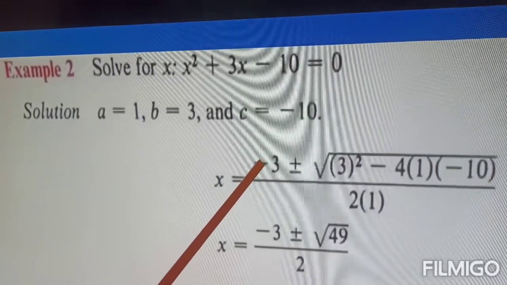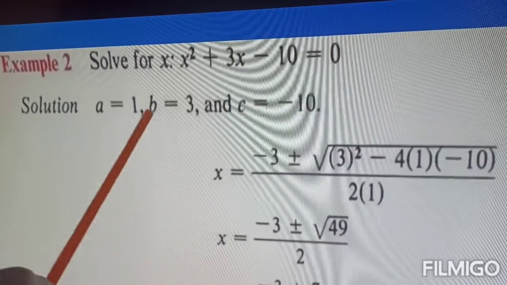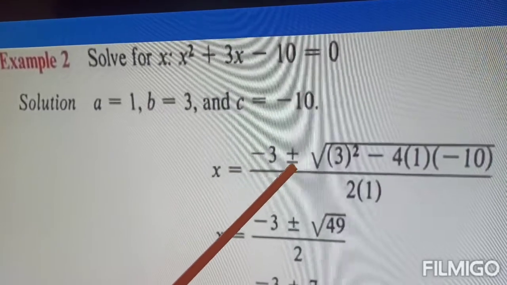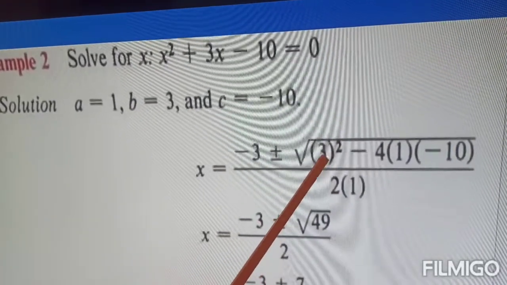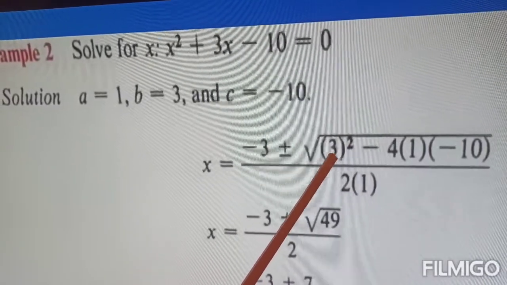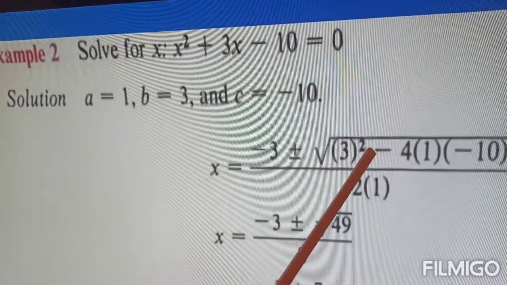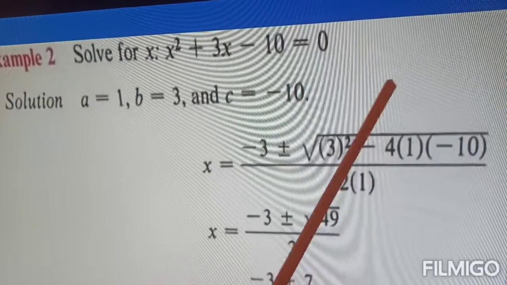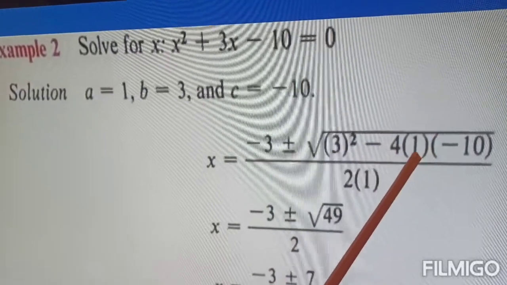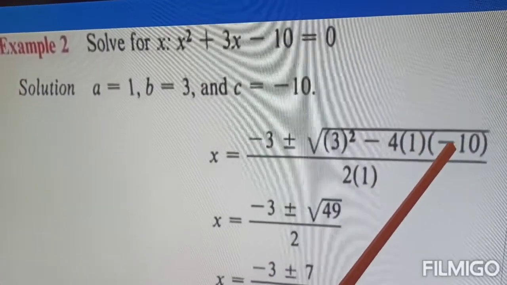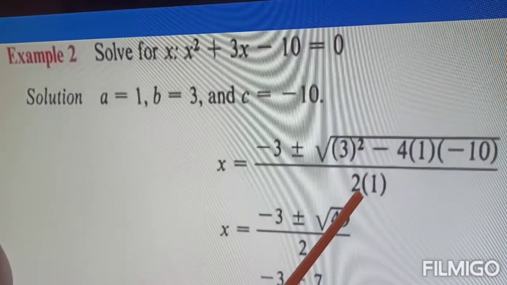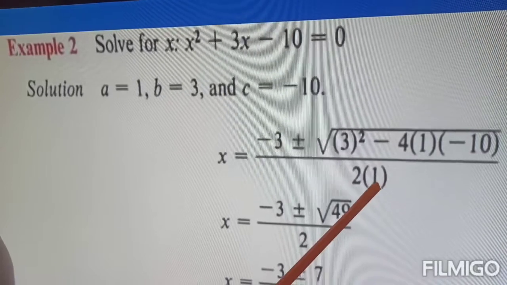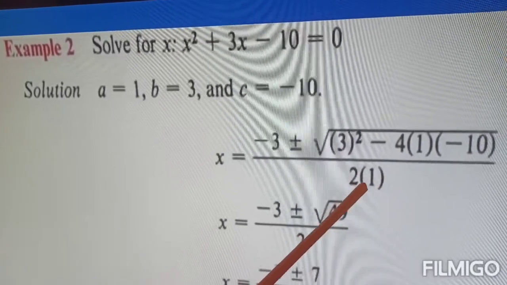Minus stays as it is, and 3 replaces B. Plus or minus stays as it is, and put the root. Instead of B, we replace 3. The whole square stays as it is, minus 4 stays as it is, A is replaced by 1 and C is replaced by minus 10. In the denominator, A is replaced by 1, and 2 stays as it is.